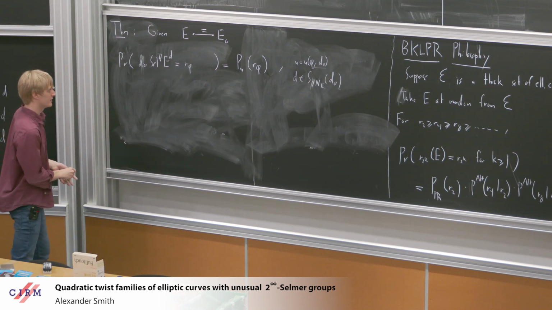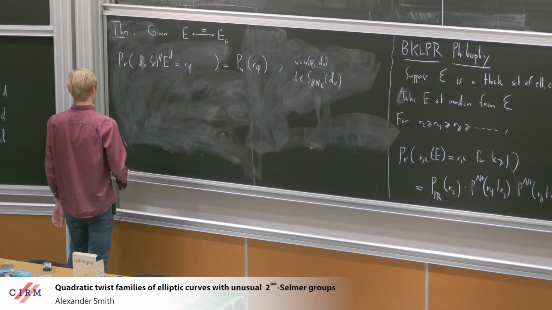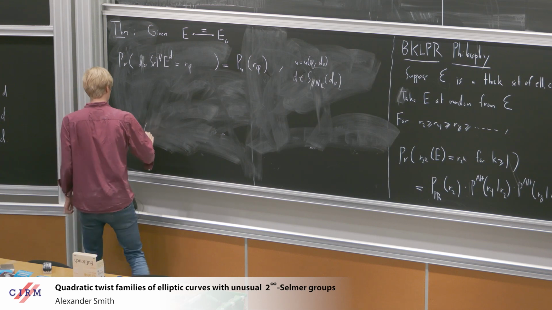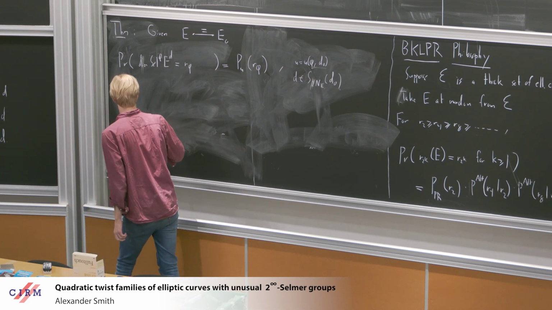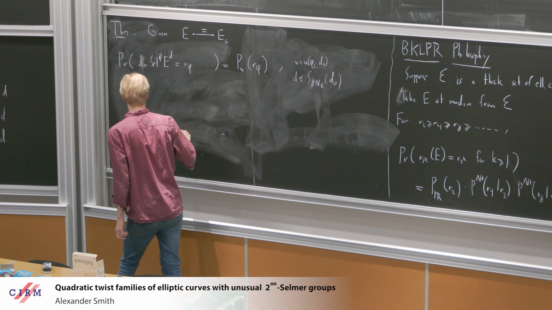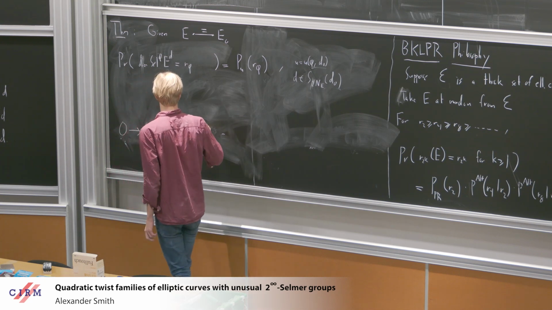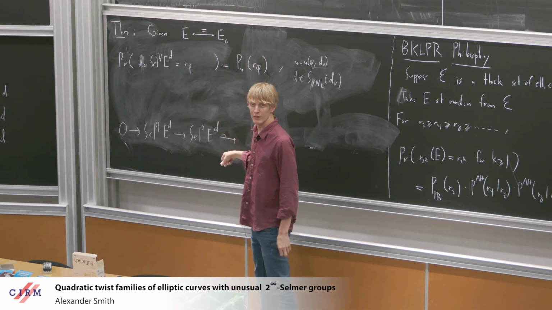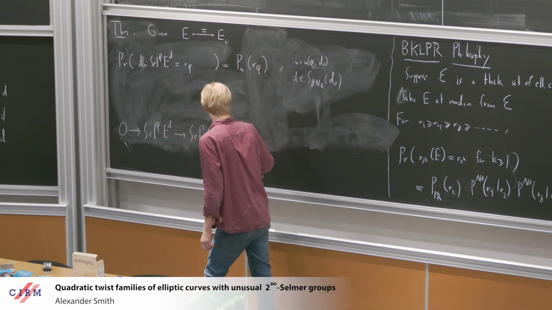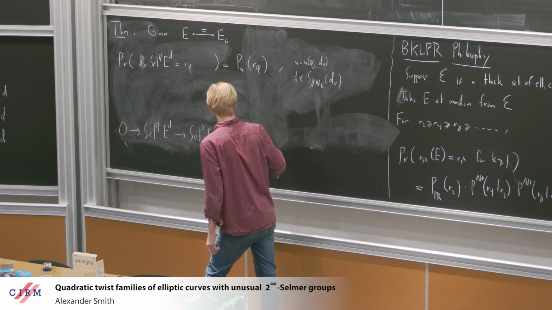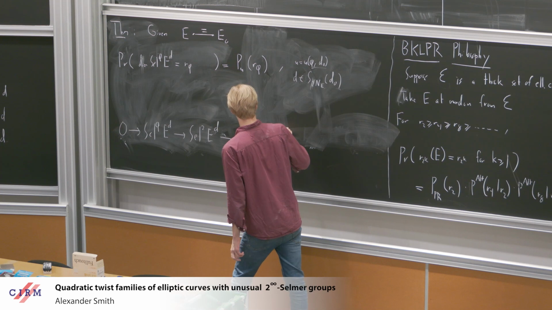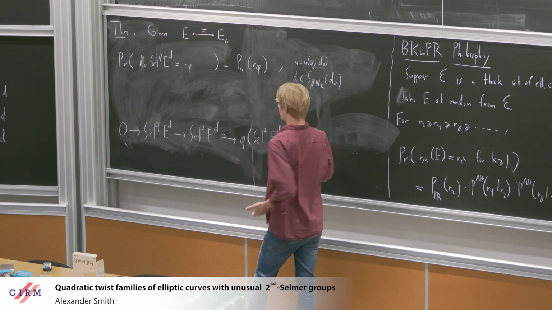And the relevant piece of information to consider is the following exact sequence. So we have the varphi Selmer group of E twisted by D, mapping into the two Selmer group of E twisted by D. And then the co-kernel of this map is equal to a varphi of the two Selmer group of E twisted by D. So this is a decomposition of this.